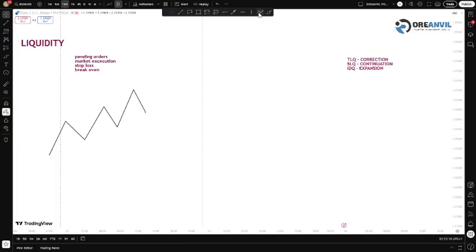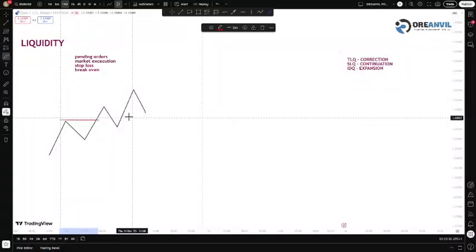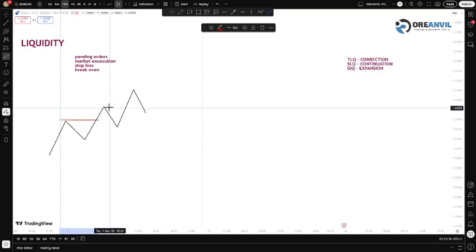So when this high is taken out, you are expecting a correction in the market.